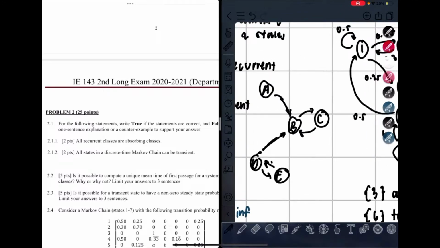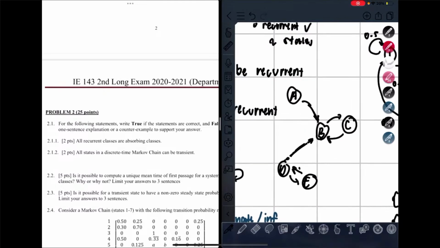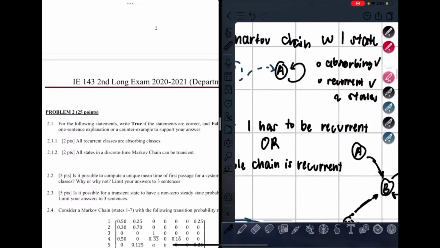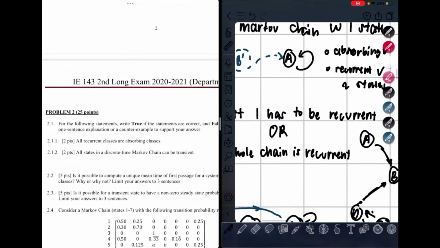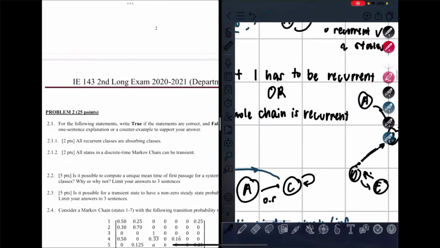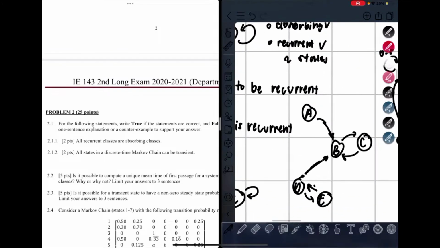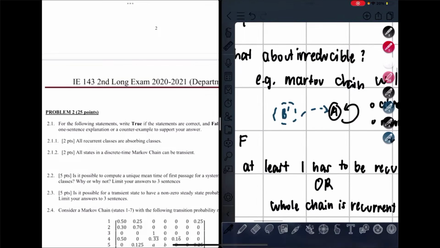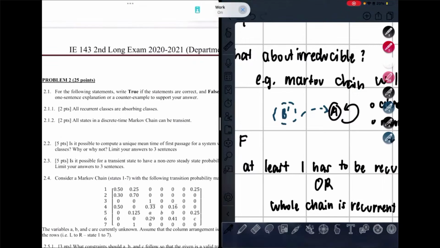So you can stack as many transient states or transient classes, but you need at least one to be recurrent because that's where the process all goes to in the long run, or the whole chain is recurrent. Yeah, the whole chain is recurrent. So wala kang transient state because the whole chain is recurrent. Yeah, so that's for 2.1.2.